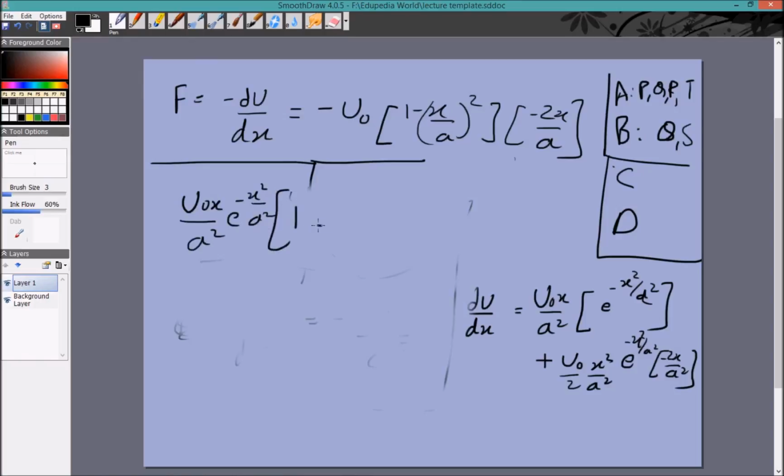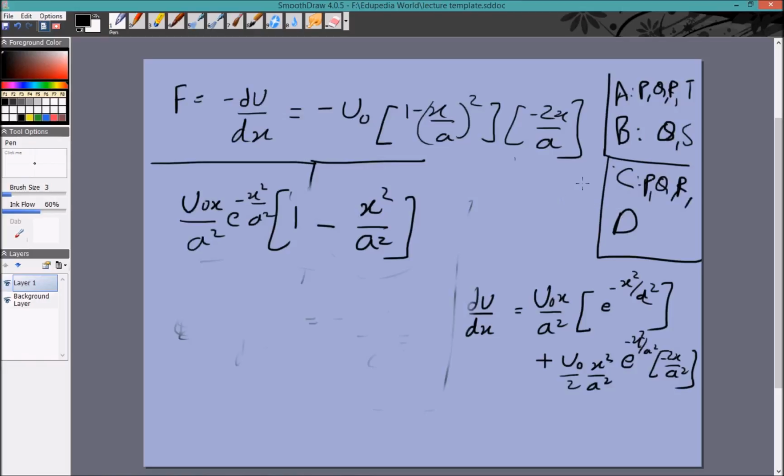This term will be 1 minus, I'll take 1x common, 2 will cancel, to minus x squared by a squared. So again we see that it is 0 at x is equal to 0, a or minus a. So P, Q and R are automatically correct.